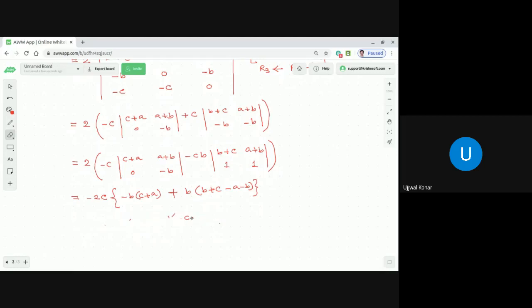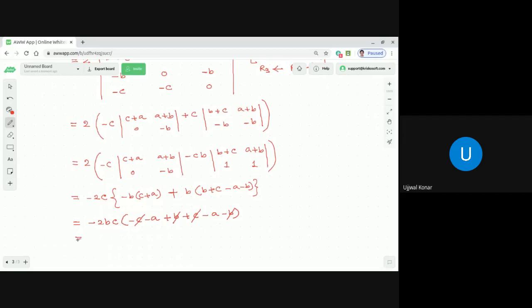What I'm going to do is let it be there, and then from there I just take B common, then minus 2BC, then what we get? Minus C minus A, and then plus B plus C minus A minus B. Now what we get? C is cancelled with C, B cancelled with minus B. So what we'll end up with?